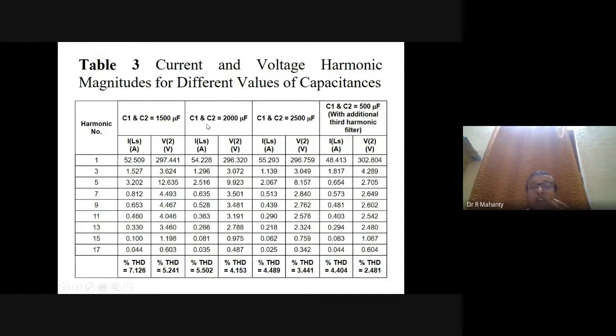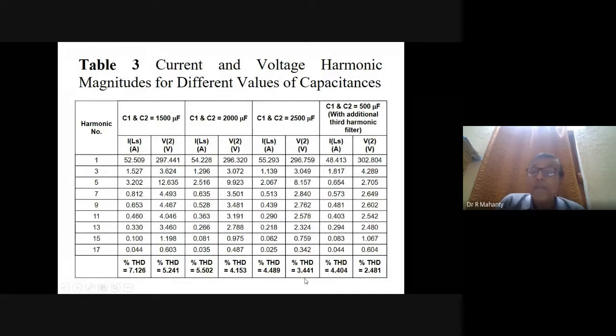If we increase C1 and C2 to 2000 microfarad, the current THD reduces to 5.5% and the voltage THD reduces to 4.1%. If you increase it further, you can see that the current THD and voltage THD keep decreasing.